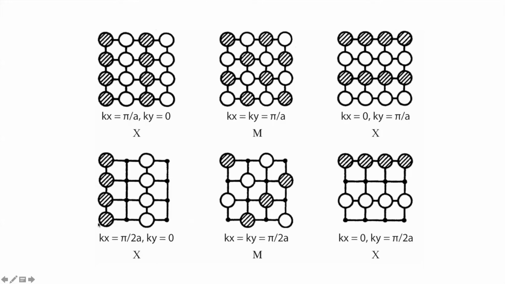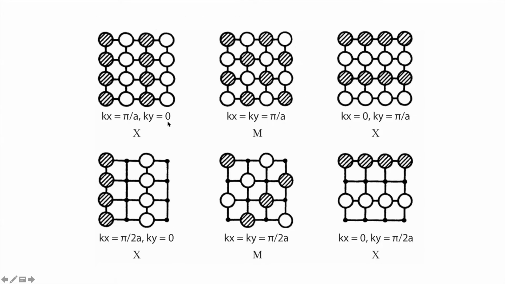Okay, so as you go from the all bonding combination where kx or ky is 0 toward pi over a, halfway there you get to pi over 2a, and that wavelength is twice as long, and the energy is half.